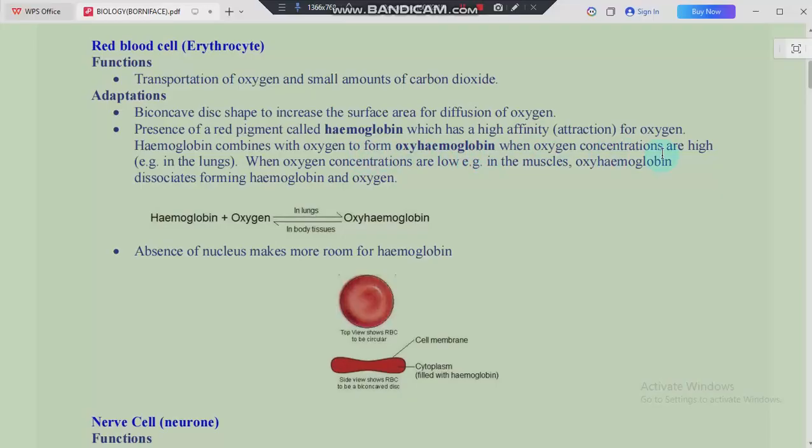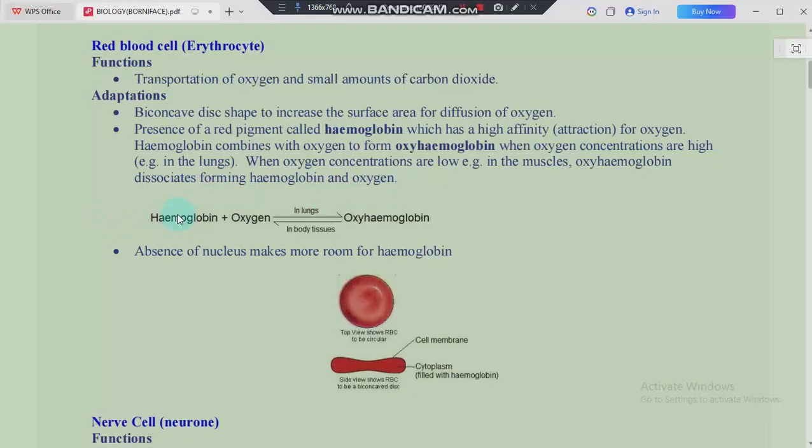Now, when oxygen concentration is high in the lungs, we are going to have oxygen combining with hemoglobin to form oxyhemoglobin. Now when the oxygen concentration is low in the muscles, we have oxyhemoglobin, which is going to dissociate or decompose in order to form hemoglobin and oxygen.